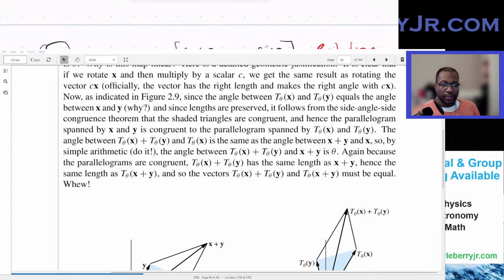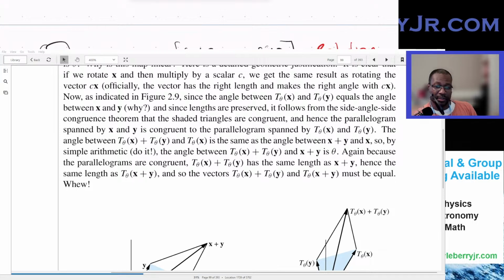Now, as indicated in figure 2.9, since the angle between T theta of x and T theta of y equals the angle between x and y, because they both shift x and y by the same amount, the same angle theta.